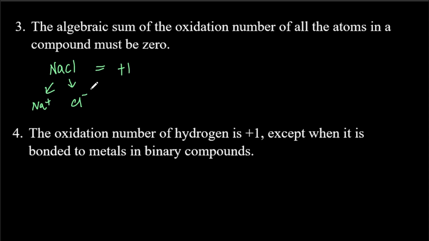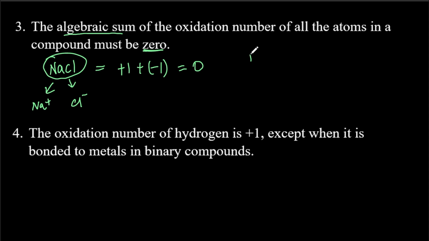And for chlorine, the oxidation number is minus 1. So here we are talking about the algebraic sum. When you add this, the algebraic sum must be equal to 0. So when you add the oxidation numbers of all the elements present in a compound, the sum must be equal to 0. So for NaCl, plus 1 minus 1 is equal to 0.